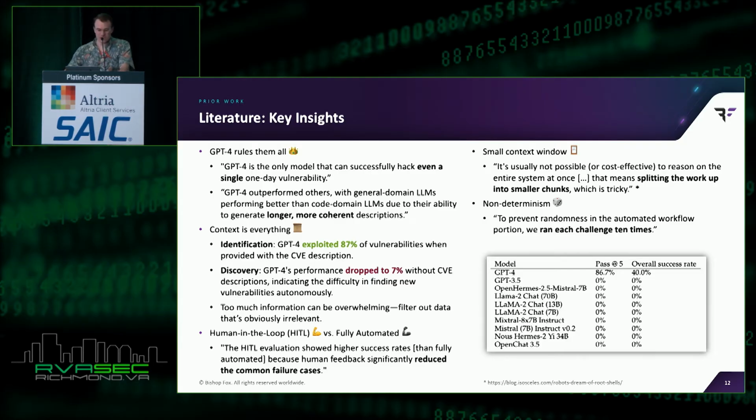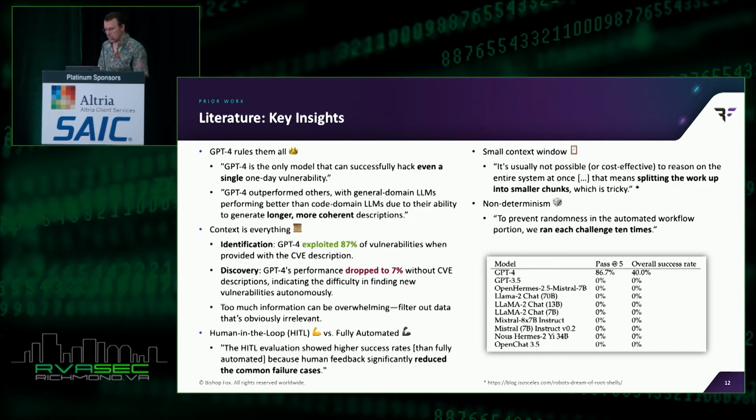Or they'll say GPT-4 outperformed the others, even specific domain models. So GPT-4 is a generic domain model. It's been trained on a lot of data, but not for any specific purpose. It's just for general summarization, versus a specific domain model like Code Llama. And they find that they prefer general domain models for their ability to do longer, more coherent descriptions.